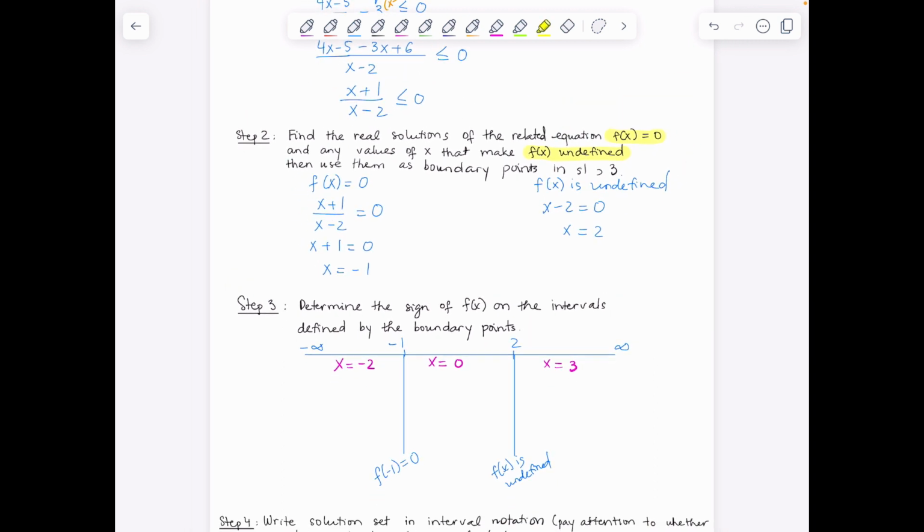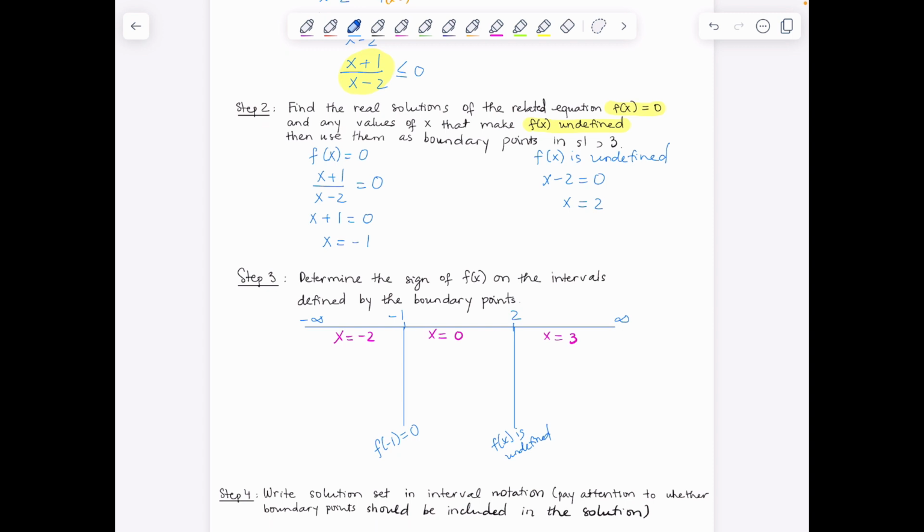And I'm going to use this simplified expression here to substitute these values. So x plus 1, we're looking at negative 2 plus 1 over negative 2 minus 2. So negative 2 plus 1 is negative 1 over negative 2 minus 2 is negative 4.